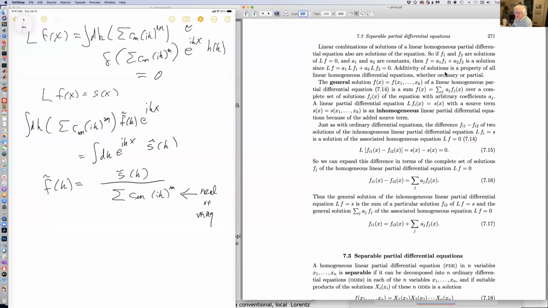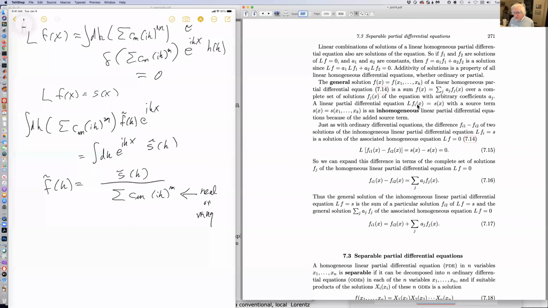So additivity of solutions is a property of all linear homogeneous differential equations, whether ordinary or partial. And the general solution of a linear homogeneous partial differential equation is the sum of a complete set of solutions. You choose typically a linearly independent complete set of solutions.